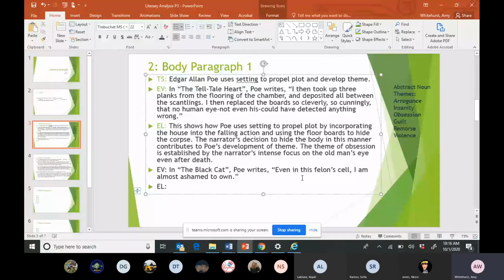So remember, in our elaboration, our main goal is to show how this piece of evidence moves the plot forward and how it develops theme.